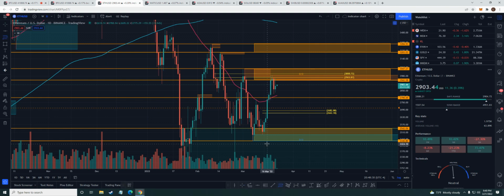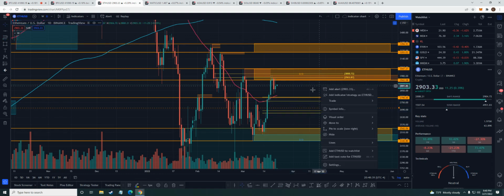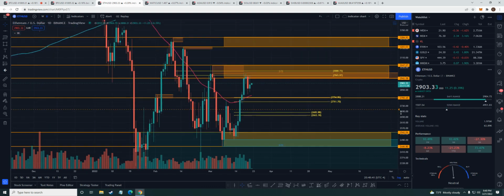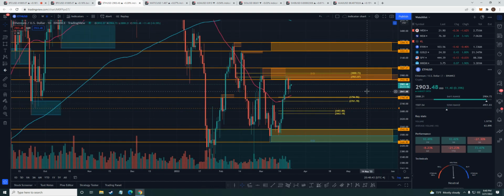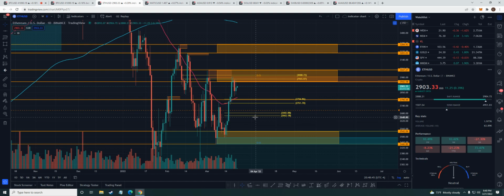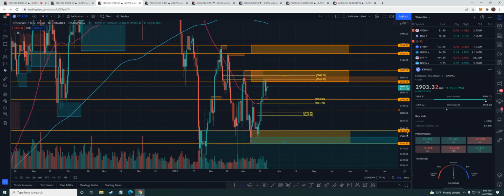Let's see if we can get something a little bit better coming off of this to the higher time frame up here. So there we go. So that 2790, 2794 area, or even this 2760. So these are my three targets to the downside, and then you guys got my targets to the upside.